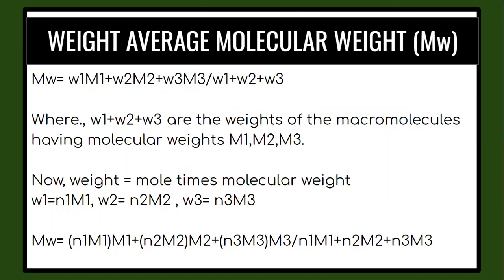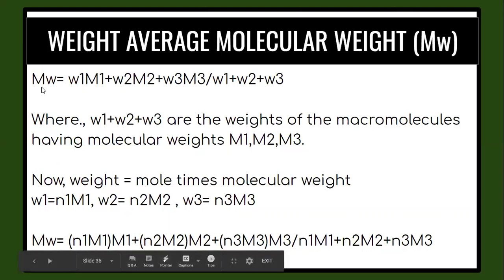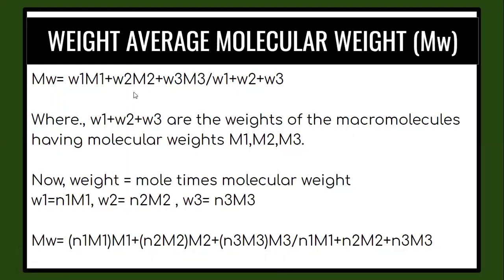Moving on to the second category, which is called the weight average molecular weight. In this category, instead of taking the number of moles taking part in forming a macromolecule, we are concerned with the weight of each macromolecule or monomer unit that is being joined. That can be mathematically represented as Mw equals W1 into M1 plus W2 into M2 plus W3 into M3, divided by W1 plus W2 plus W3 and so on, if you have taken n number of monomer units.